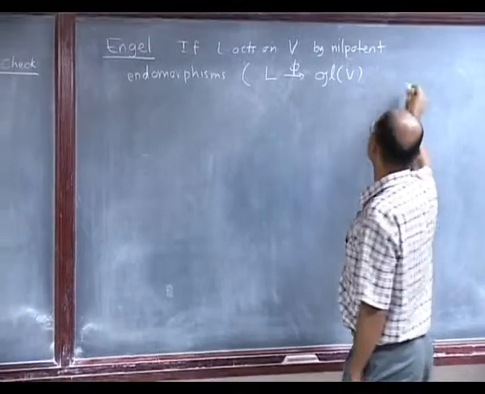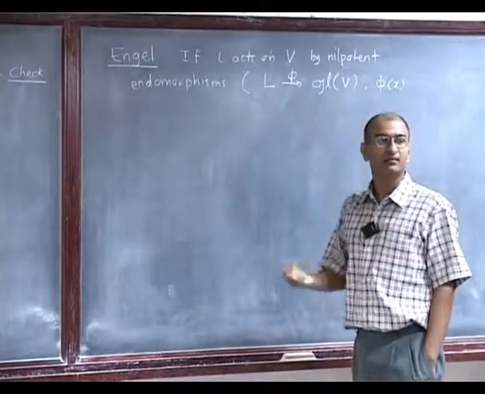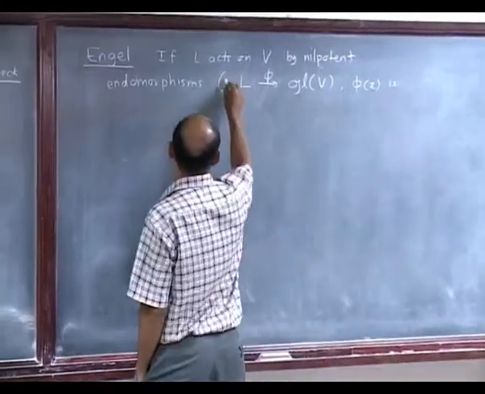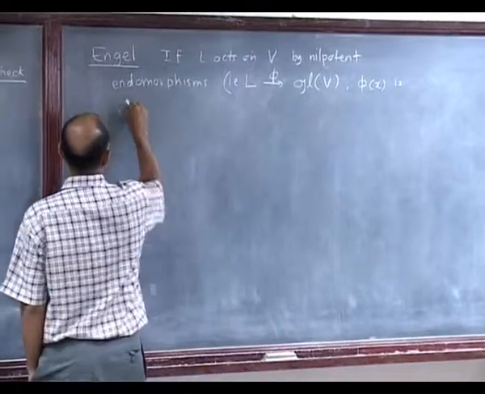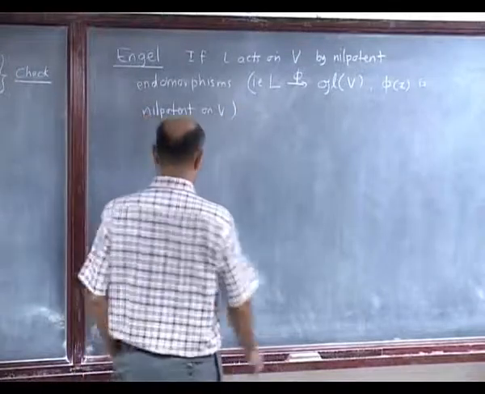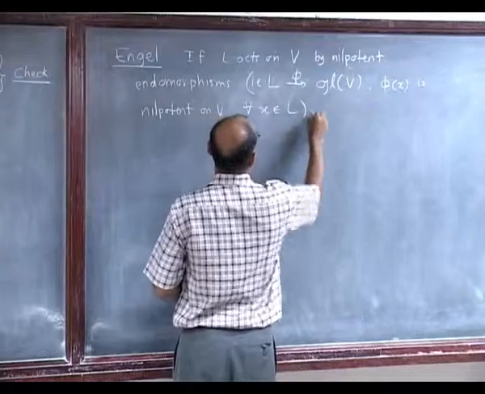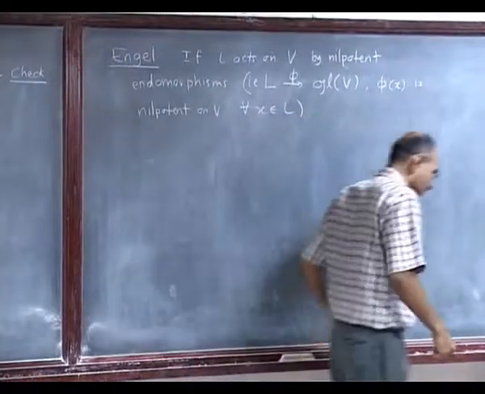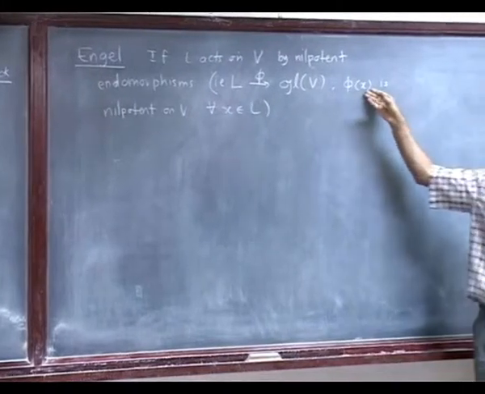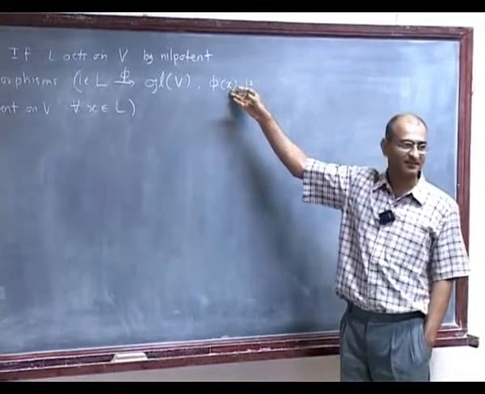So what this means is that every phi of x is a nilpotent operator on V, for all x in L. So since the operator is nilpotent, if I pick one of them, it will always have an eigenvector, right?